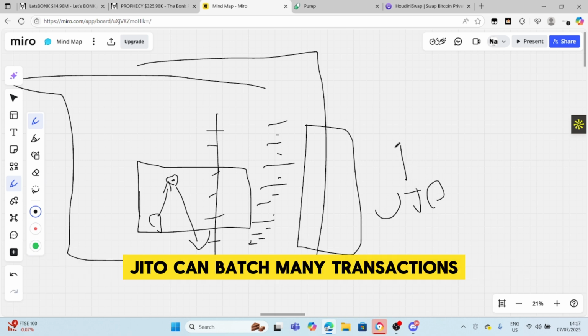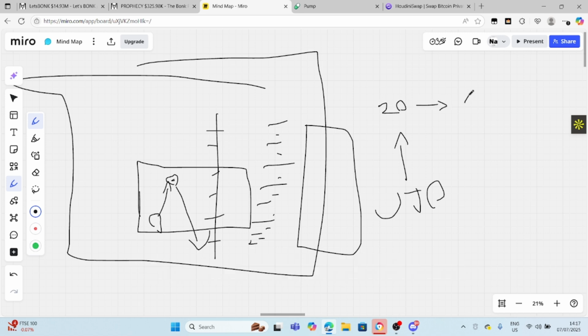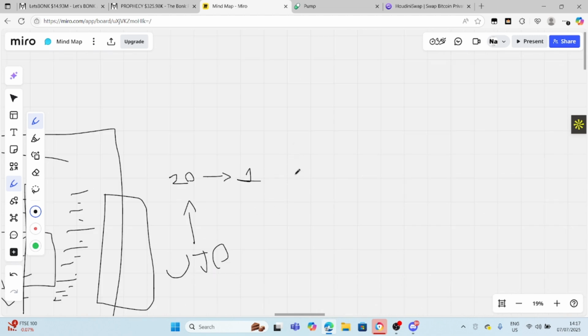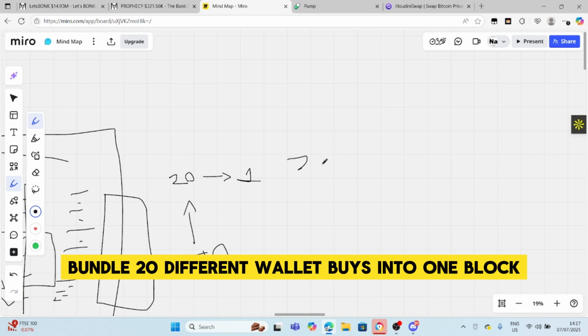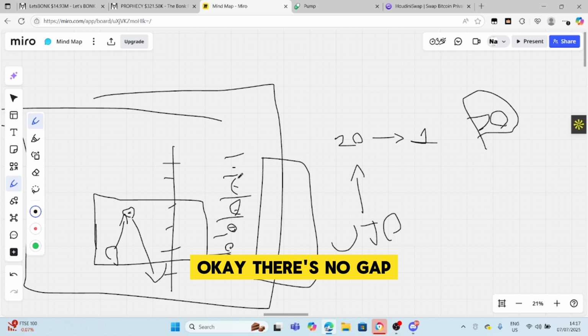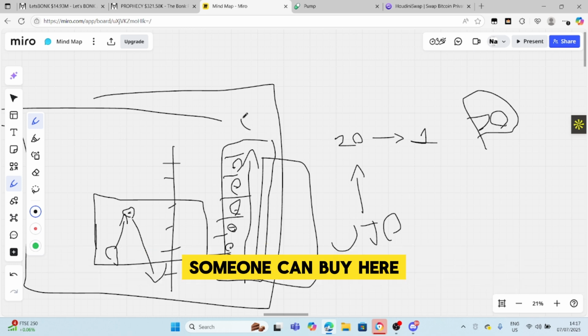Jito can batch many transactions, a maximum of 20 in one block, and this allows us to bundle 20 different wallet buys into one block, so there is no gap between them. Okay, there's no gap, so we cover everything all at once, although in any case someone can still buy here.